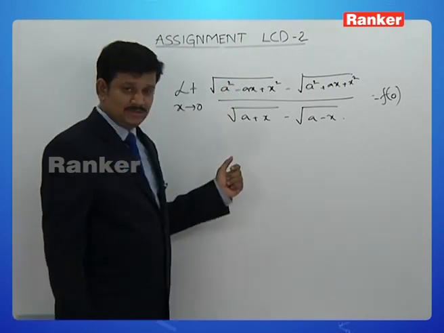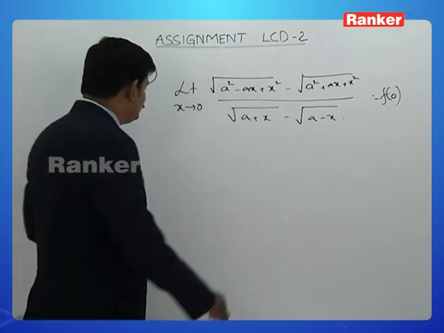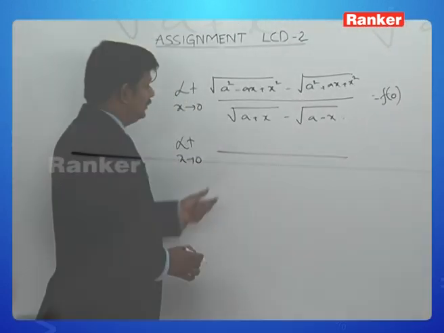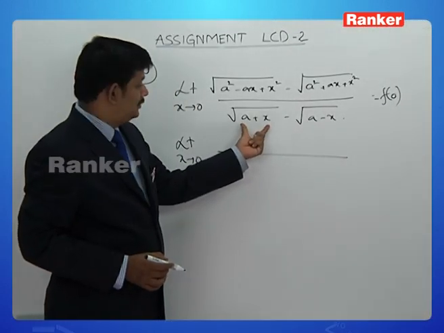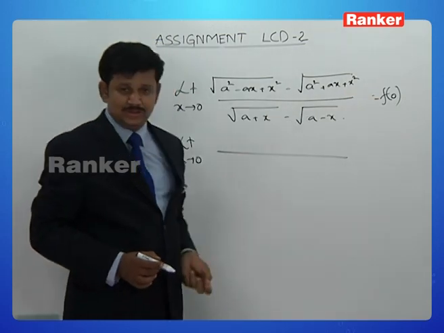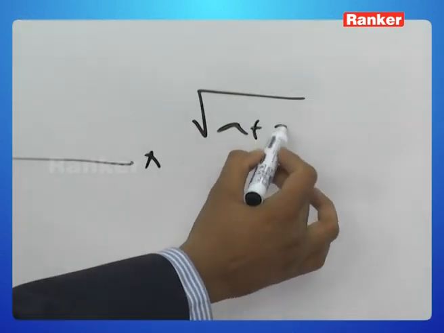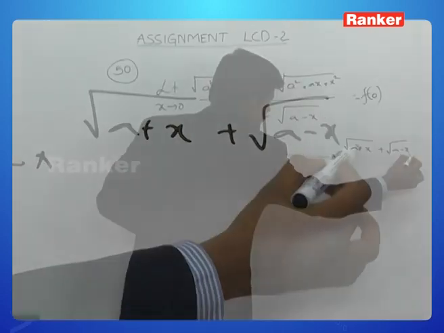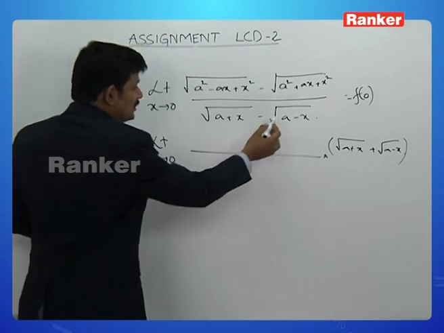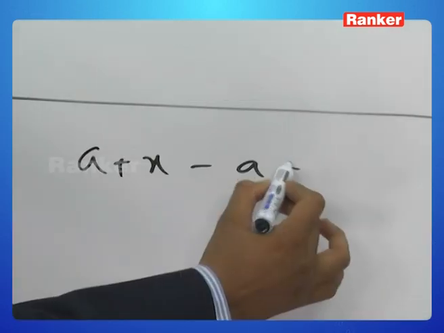To evaluate this limit, rationalize the denominator and rationalize the numerator. So multiply by root over a plus x plus root over a minus x in both denominator as well as numerator. In the denominator it is a minus b into a plus b, which is a square minus b square, which is a plus x minus a minus x.